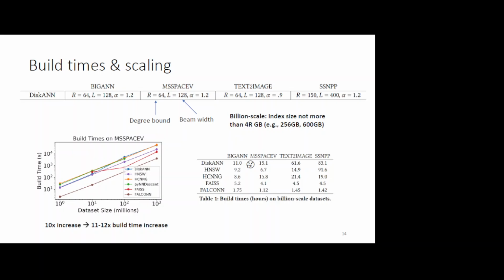It means if you increase your data size 10 times, your build time increases just about 11 or 12 times. This table shows the overall build time. You can see they spend more than 10 hours for DiskANN, but for the other methods they spend less time to do the build.